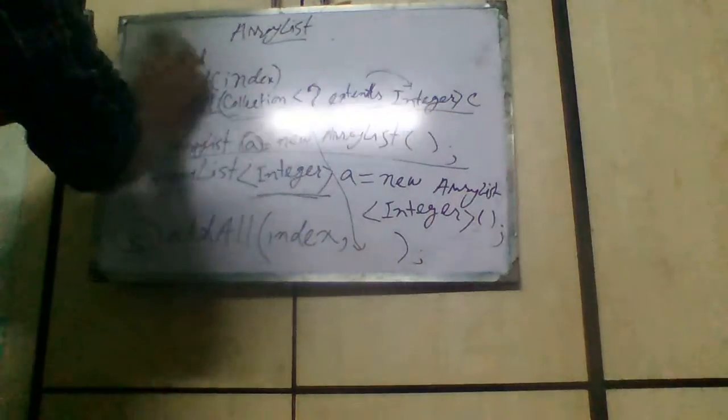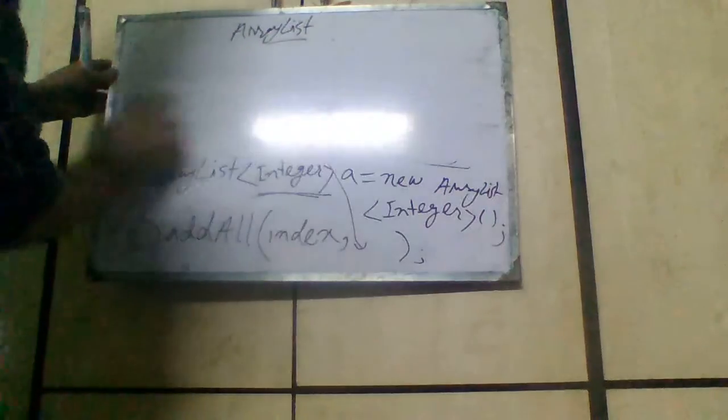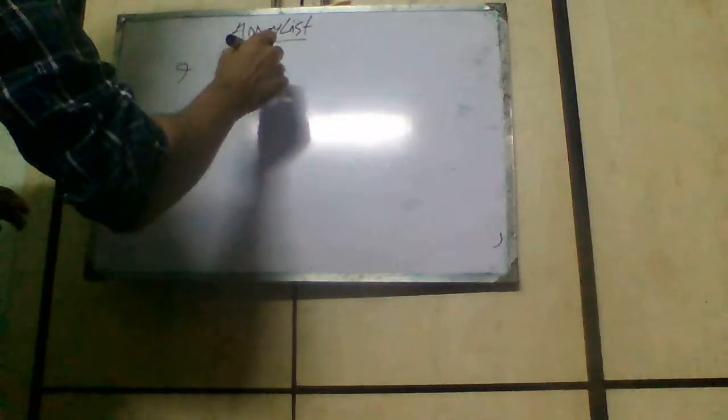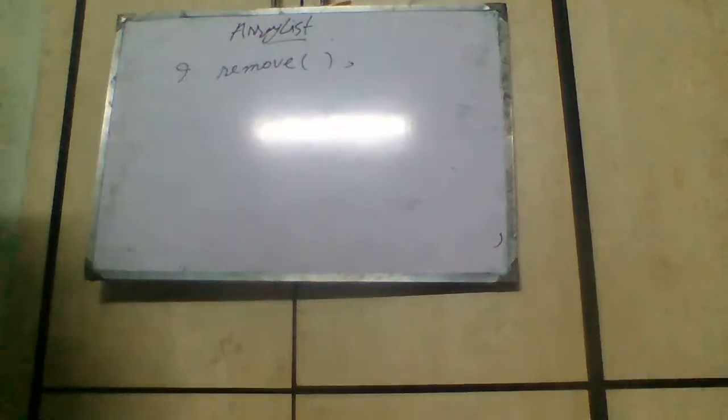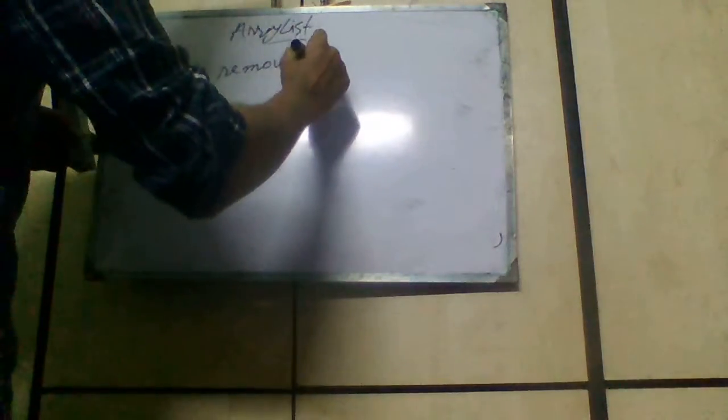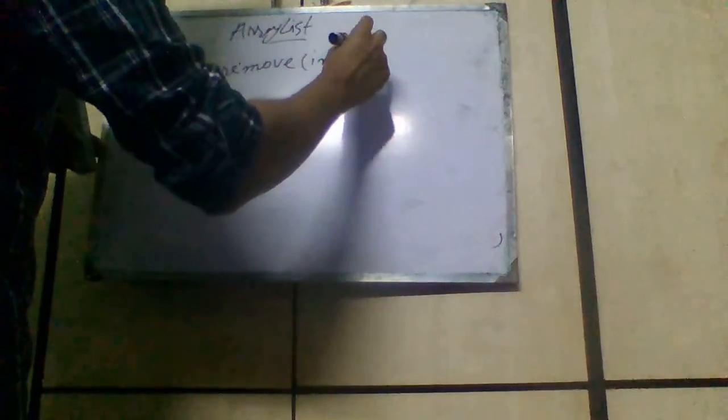Number 9 is the remove method. I have to pass the index.